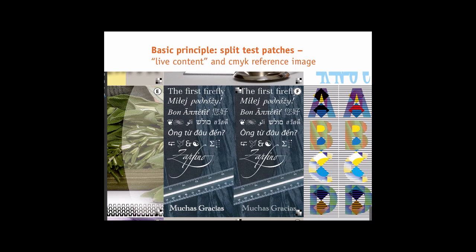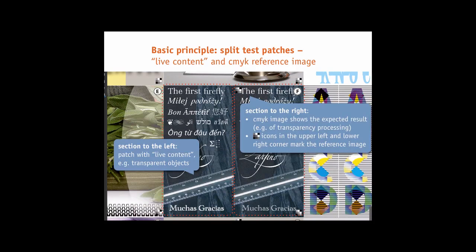Just to explain that structure or that principle of evaluation of the split patches, you have a section to the left in this case, which holds the live content that is to be processed and then evaluated. And on the right-hand side in this case, we have the reference image that holds the to-be-expected result.